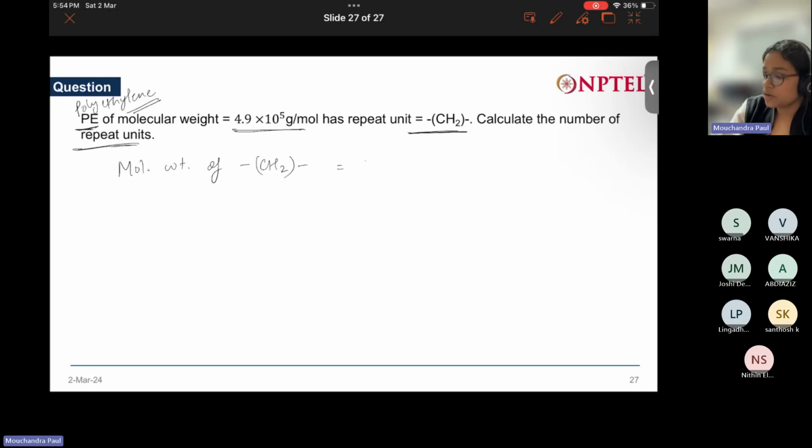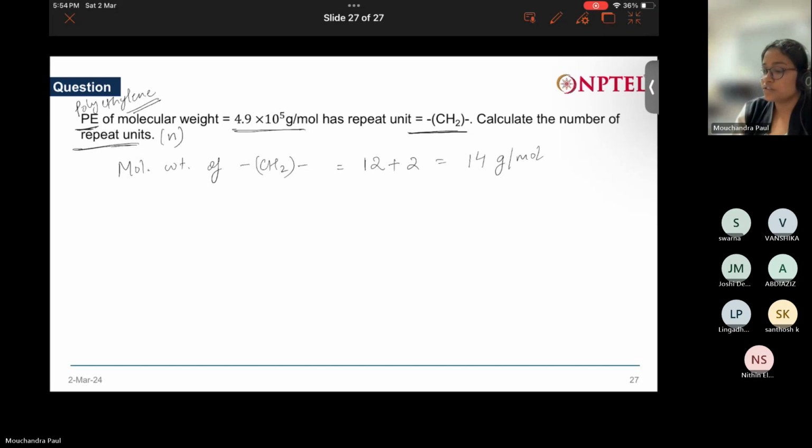For carbon the atomic weight is 12, for hydrogen it is 1, times 2. So the molecular weight of CH2 is 14 gram per mole. And this is the molecular weight of the entire polymer. Polymer is nothing but a monomer repeated n number of times. So you have to calculate the value of n here.